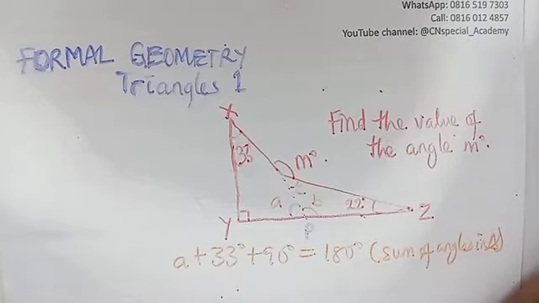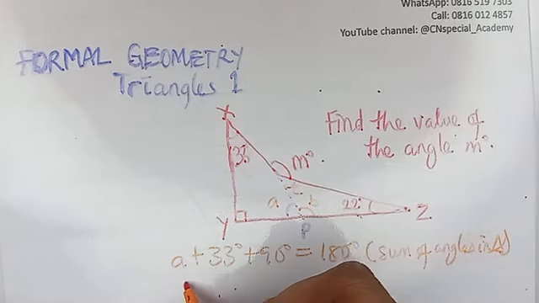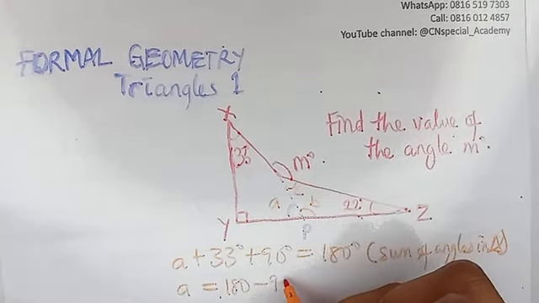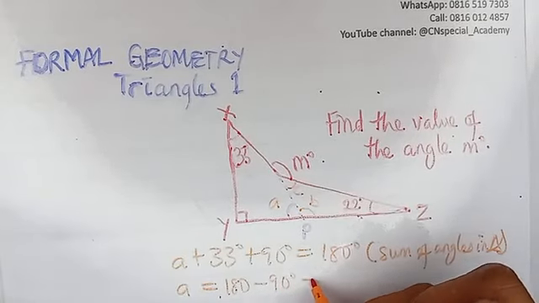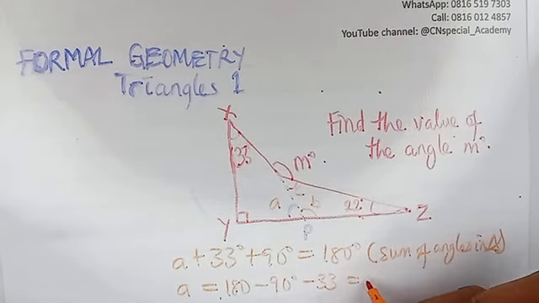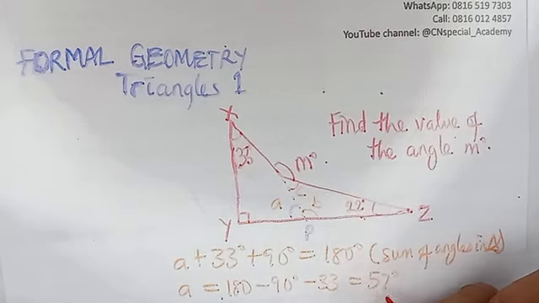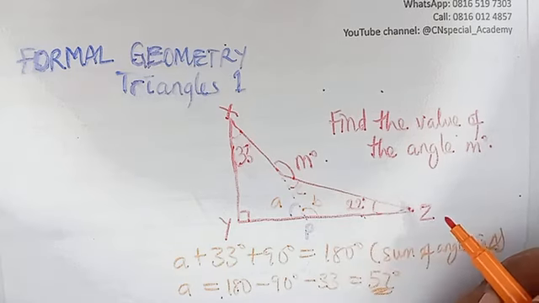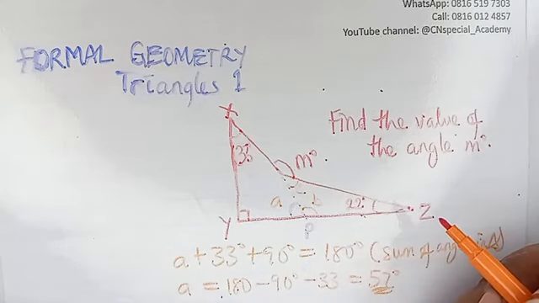Beautiful. Okay, so we have that angle A is equal to 180 minus 90, which is 90, minus 33, which is equal to 57 degrees. So angle A is 57 degrees.